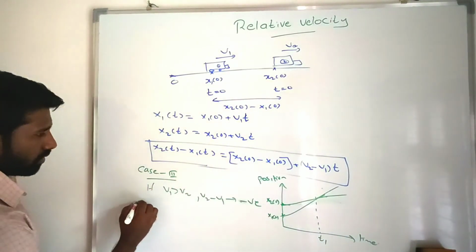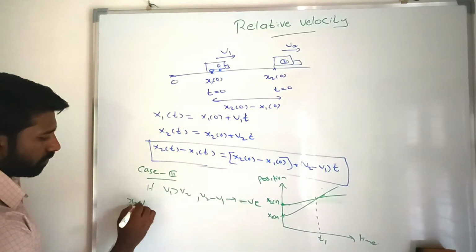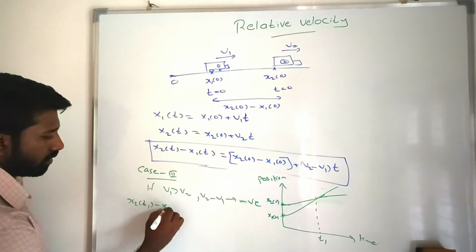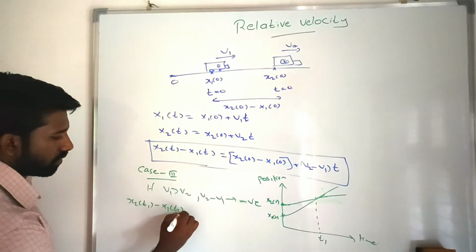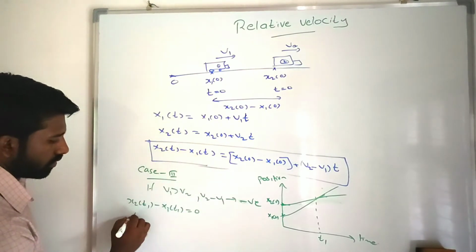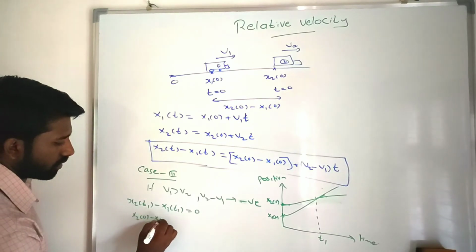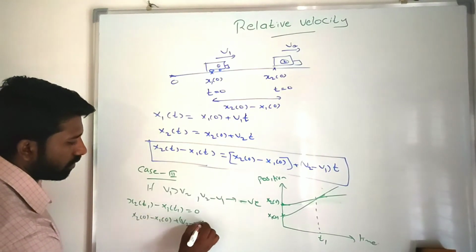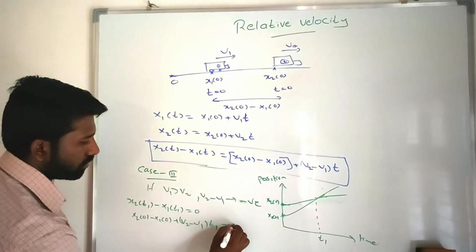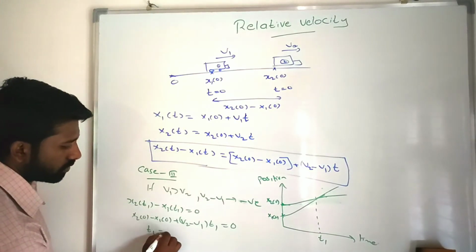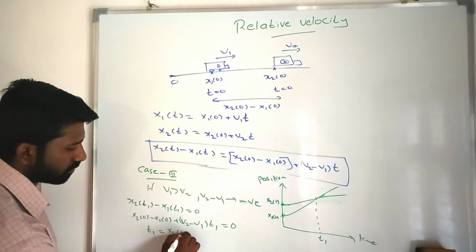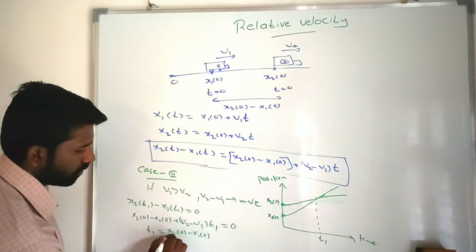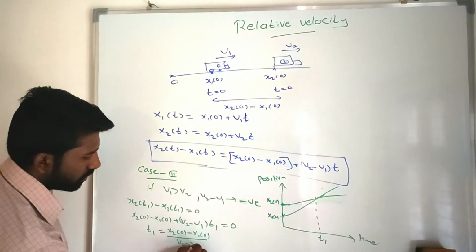So that means I can write it like this: x2 of t1 minus x1 of t1 is equal to 0. That is x2 of 0 minus x1 of 0 plus v2 minus v1 into t1 is equal to 0. So from this, what is t1? t1 is equal to x2 of 0 minus x1 of 0 divided by v2 minus v1.